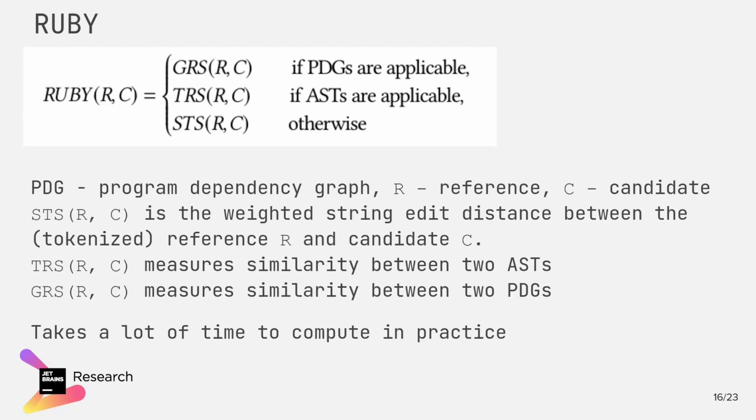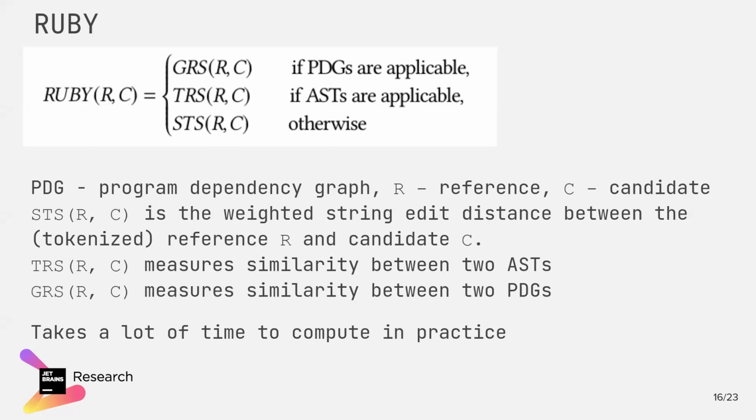If the program dependency graph cannot be built, then we employ the TRS submetric, which calculates the similarity between the AST of the candidate and the AST of the reference, using the edit distance between the 2 trees. I should notice that for the datasets and models we've considered, we never had the case when we cannot compute the GRS, but we can compute the TRS.